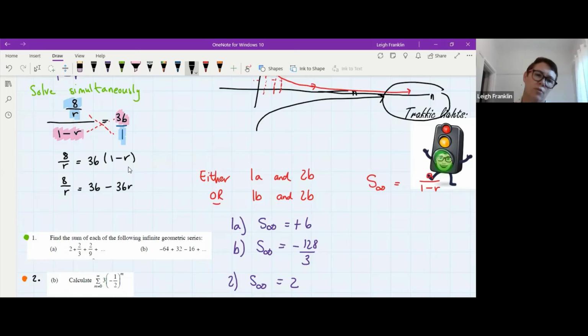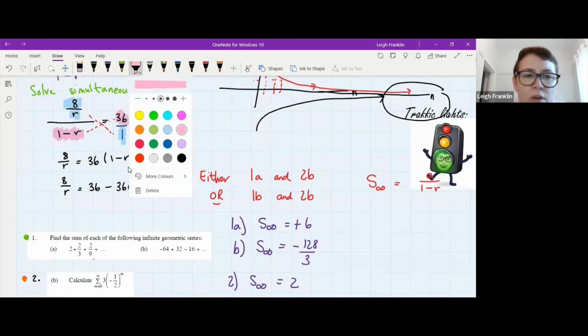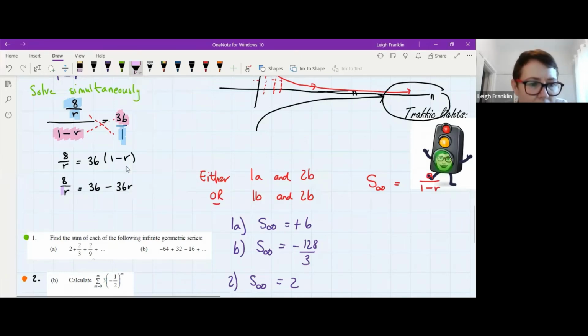Now what are we going to do? We've cross multiplied, we don't have a denominator anymore. Well, actually we do have a denominator. Now we've got a denominator of R. What do you think we should do now, Matrix? Let's highlight this R. How are we going to deal with that?